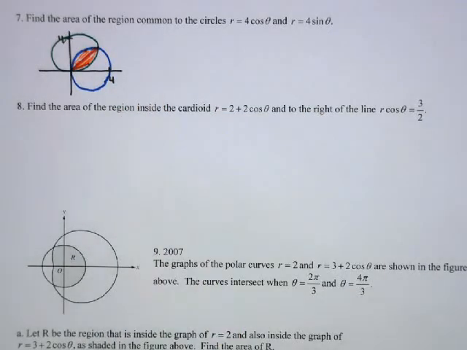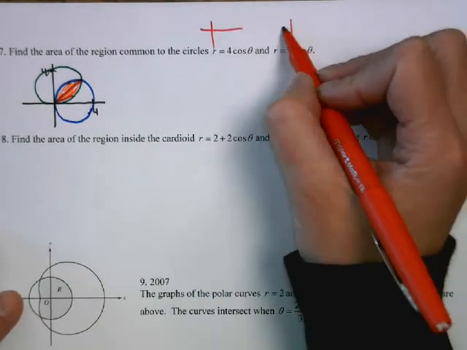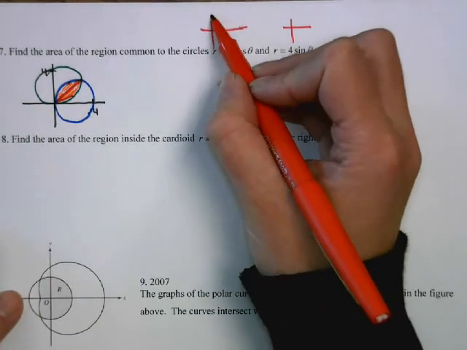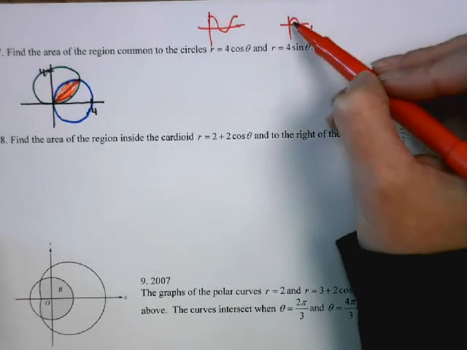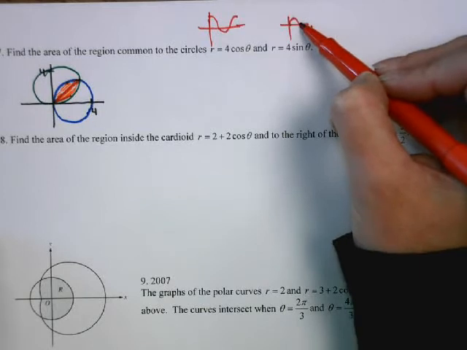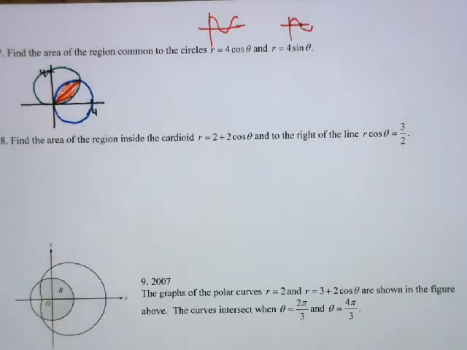Sorry. And if you picture the rectangular curves of cosine and sine, cosine's going to be here, sine's going to be here. So the full circle will be from 0 to pi over 2, but we just want half of that.